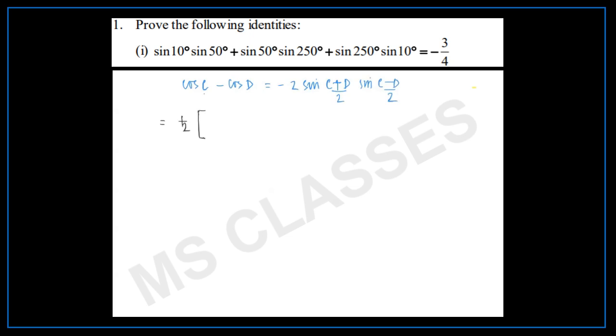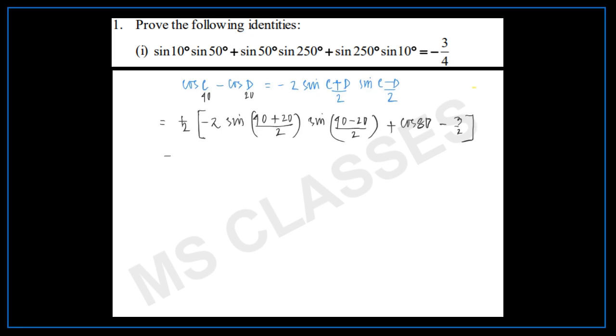So C is 40, D is 20. So what will we have? Minus 2 sin((40 plus 20)/2) into sin((40 minus 20)/2), plus cos 80, minus 3 by 2.